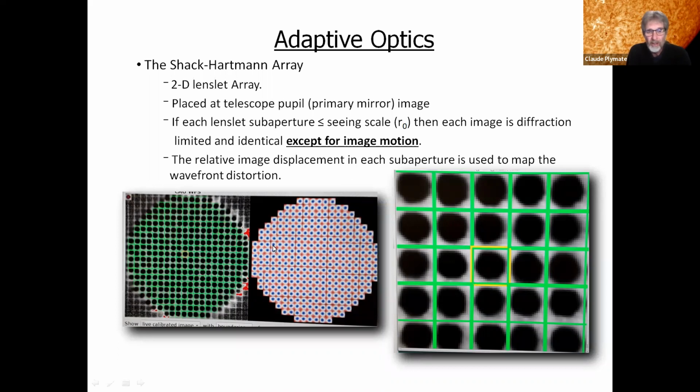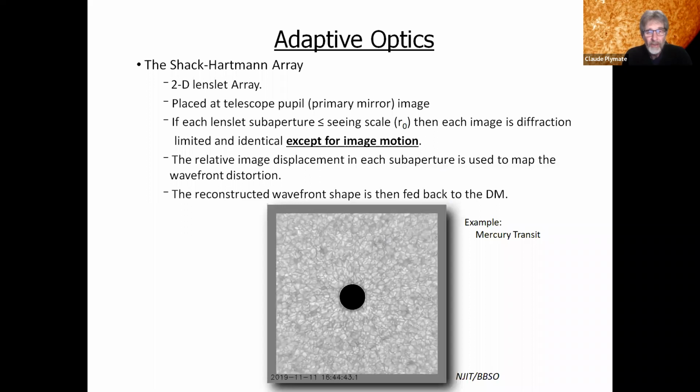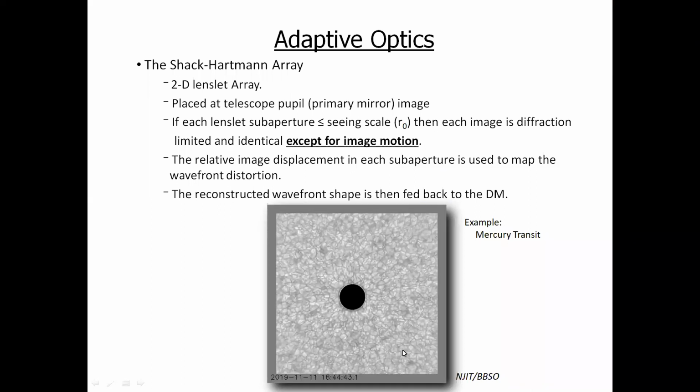This is just a cross correlation determining where the center of that image really is. Now the reconstructed wavefront is fed back to the DM, which then corrects the actual image. And here is an actual frame taken of that Mercury transit. Here's the planet Mercury, here's the surface of the sun, and you can see we are diffraction limited even for a 1.6 meter telescope.